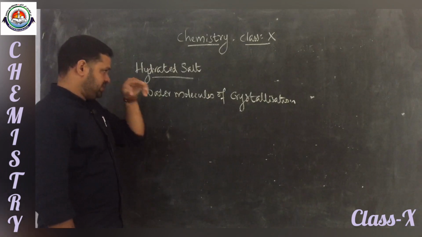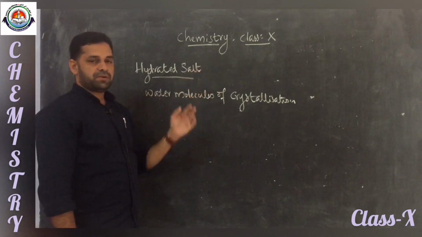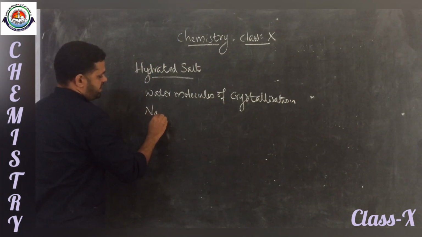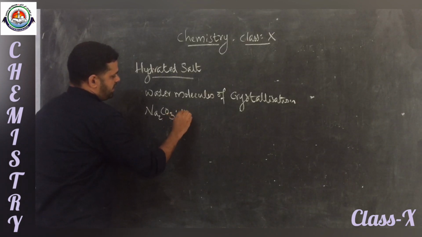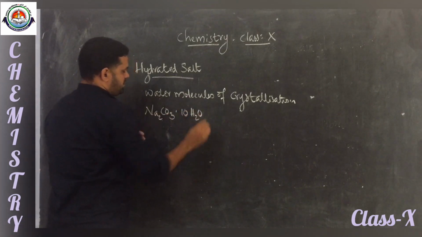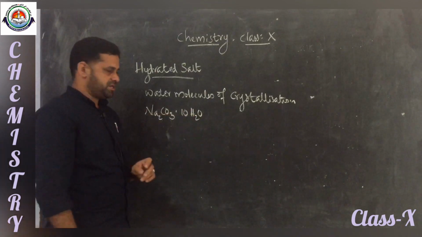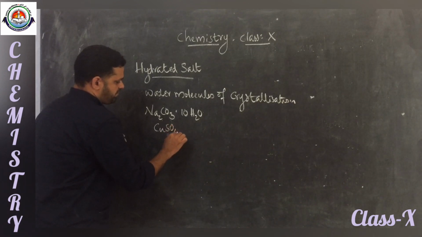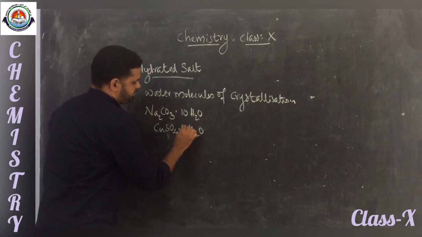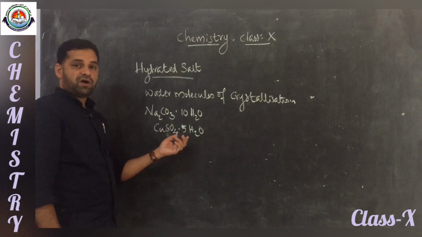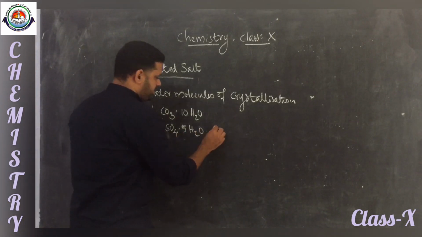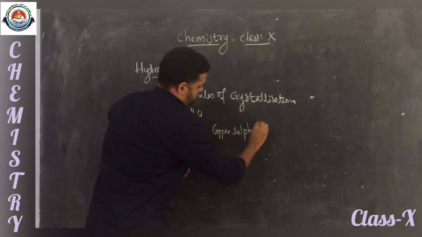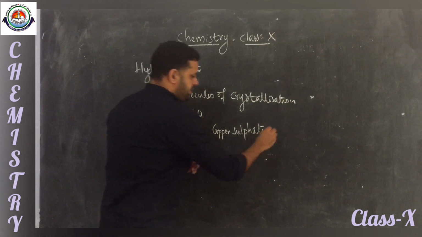For example, decahydrate, that is sodium carbonate decahydrate, Na2CO3 10H2O. Another example, CuSO4 5H2O, so here there are 5 molecules of water of crystallization. This is called copper sulfate pentahydrate.